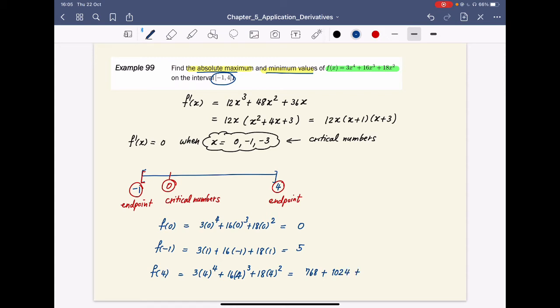And then plus 18 times 4 times 4, which is going to be 288. Wow, this is a big number. And then 288 plus 768 plus 1024. This is going to be 2080.